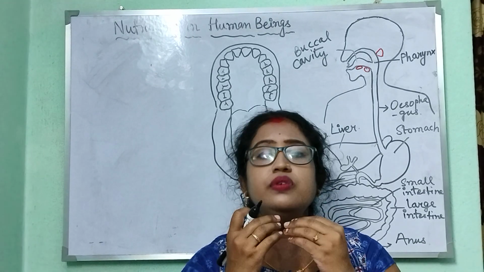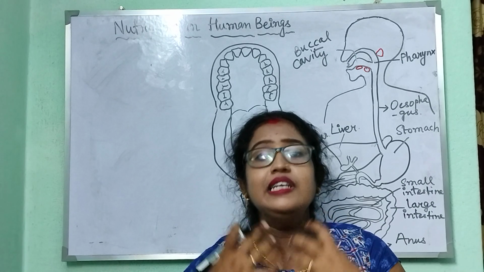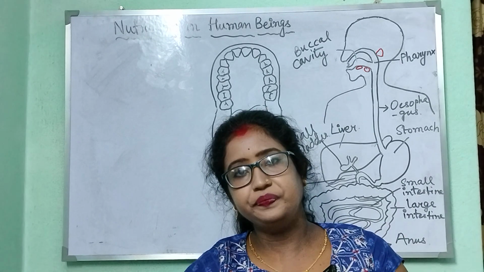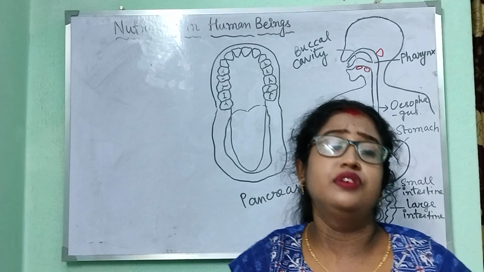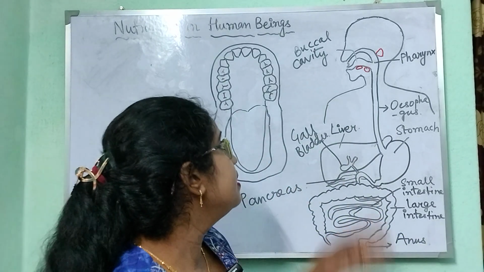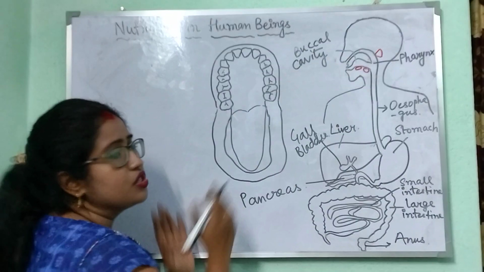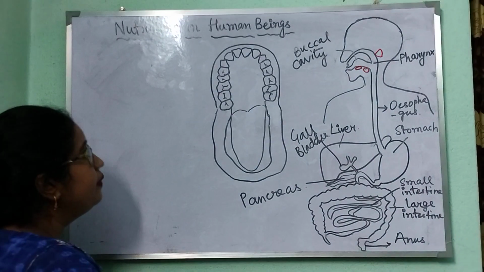Then our mouth is surrounded internally by our jaws and teeth. The second part of our alimentary system is the buccal cavity. This is a detailed structure of the buccal cavity.